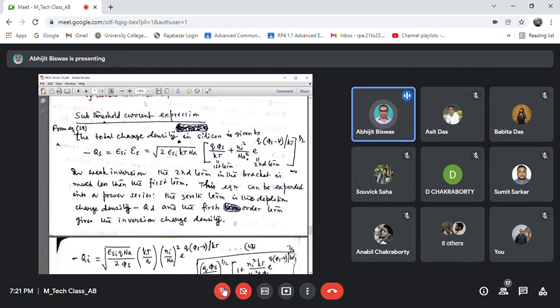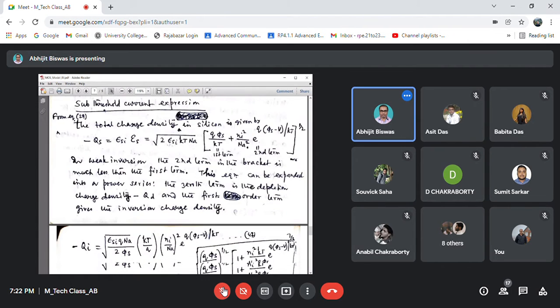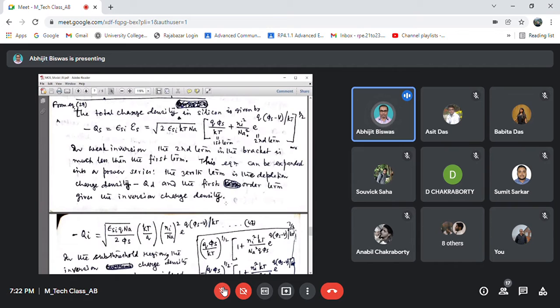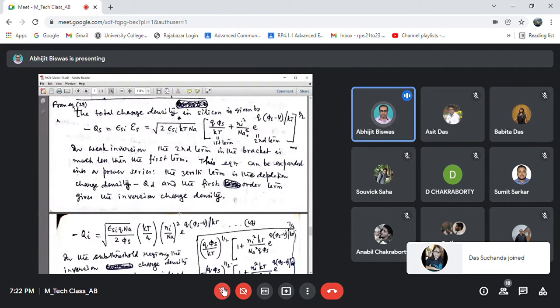In the weak inversion, the second term in the bracket is much less than the first term. So in the weak inversion region, you can take only the first term and neglect the second term. This equation can be expanded into a power series. This exponential term you can expand into a power series. The 0th term in the series indicates the depletion charge density minus Qd.